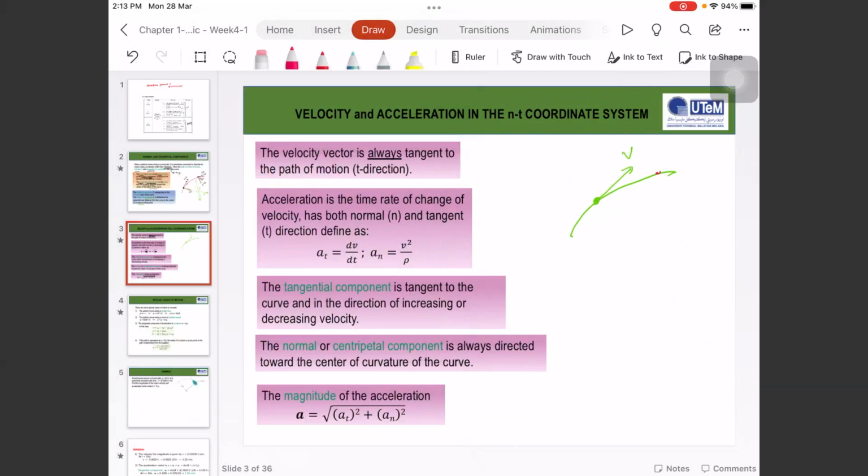If you have here, v is tangent to the path. This is your v. As I said in the last lecture, velocity is only in the tangent direction, no v in the normal direction.